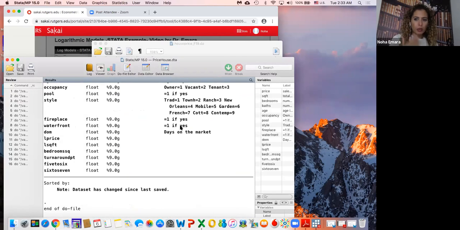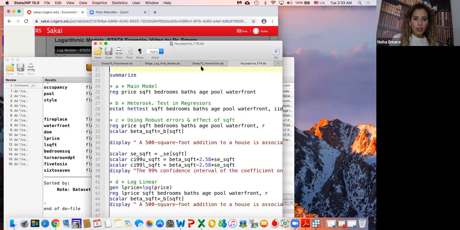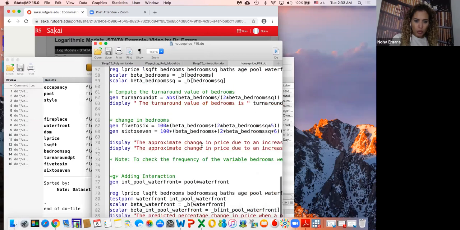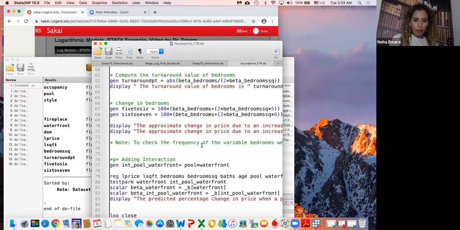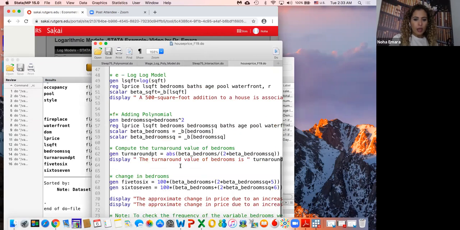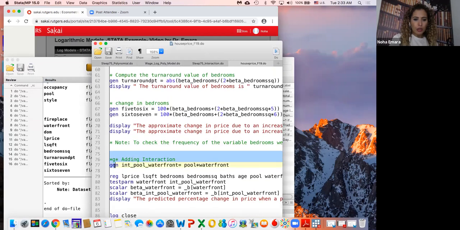So both are dummy variables, and I'm going to do an interaction between two dummy variables. The interaction term you can generate and call anything you like. I prefer to start with int so that I know it's the interaction between the two variables. And you just add it to your regression.